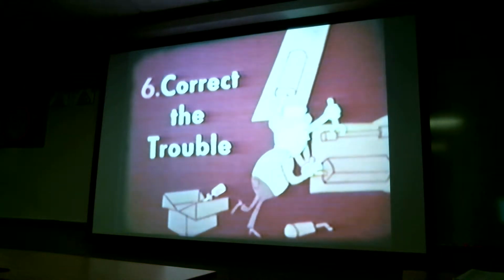Correct the trouble. Remove the defective parts and either repair them or obtain new ones. In this instance, you must remove the defective wing lock cylinder.